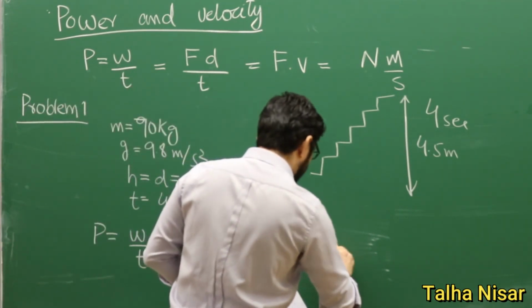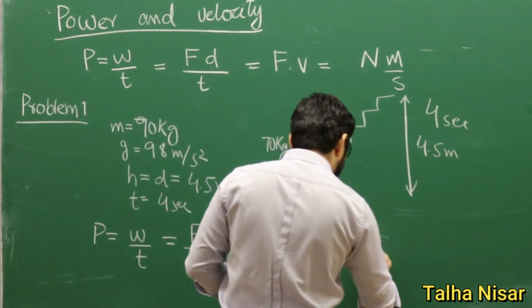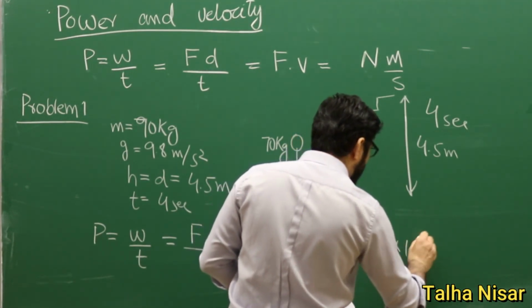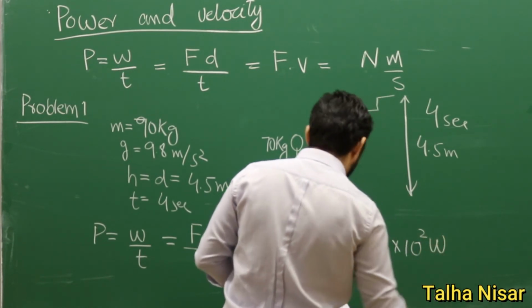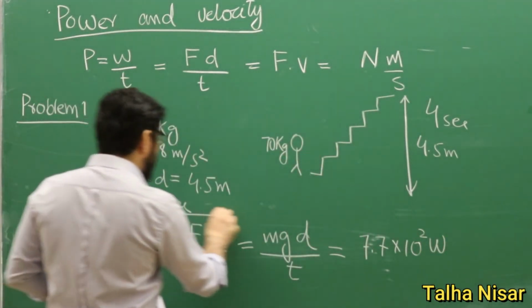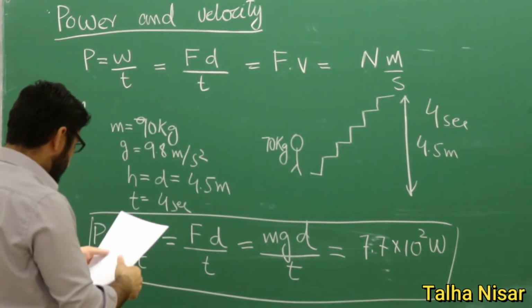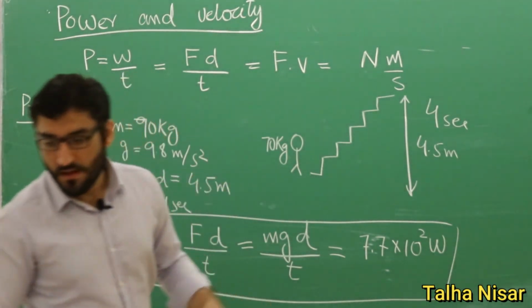If we put these values in, we get 7.7 times 10 raised to the power 2 watts. So this is the power of this person when he was going upstairs.